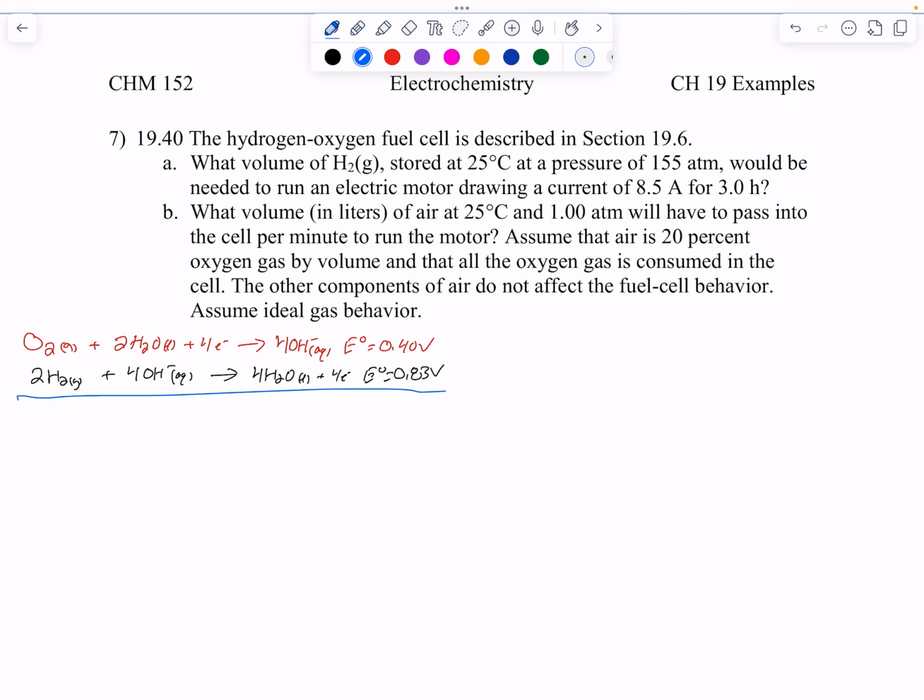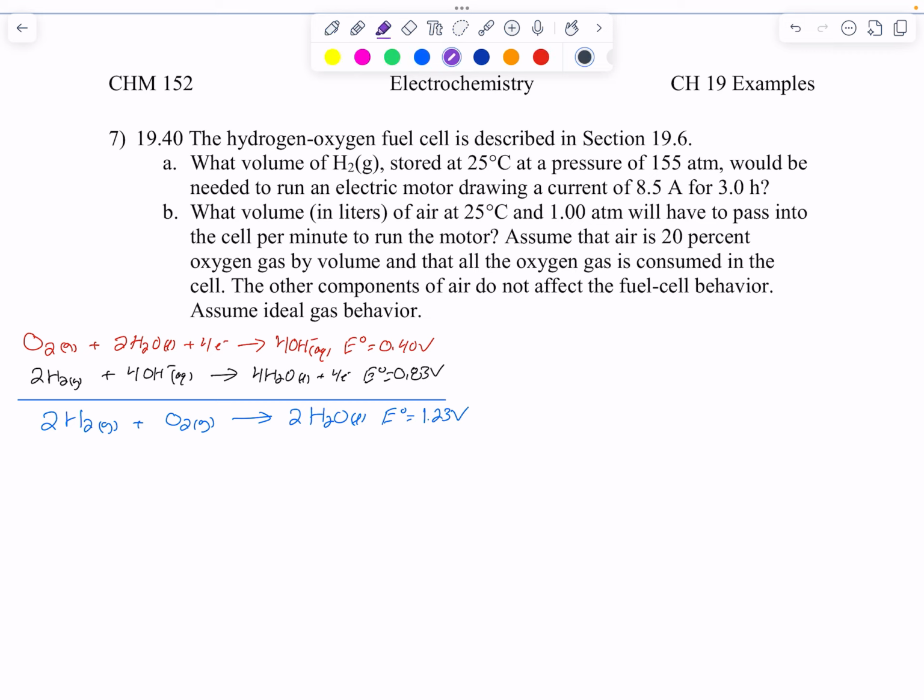So that's an overall reaction of 2H2 gas plus O2 gas giving us 2 waters with a cell potential of 1.23 volts.